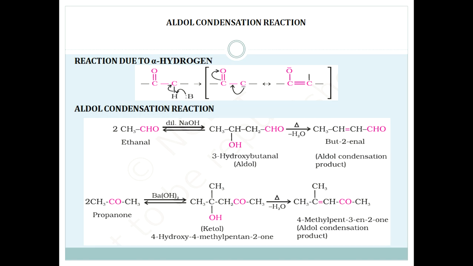So, this acidity of alpha hydrogen atoms of carbonyl compounds is due to the strong electron withdrawing effect of the carbonyl group and the resonance stabilization of the conjugate base.